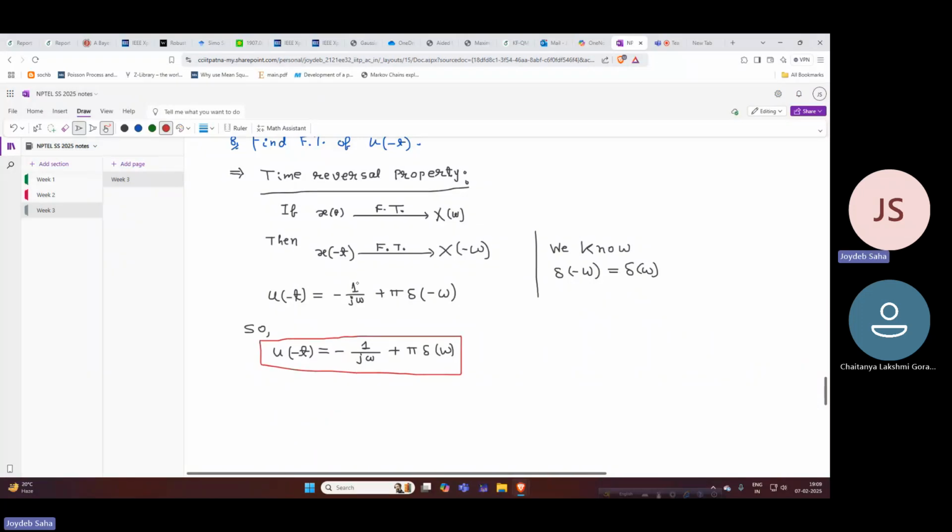This is the solution. Take 2 minutes and try to understand what we have done till now. Then we will proceed to a very interesting question where we will use the time reversal property again.